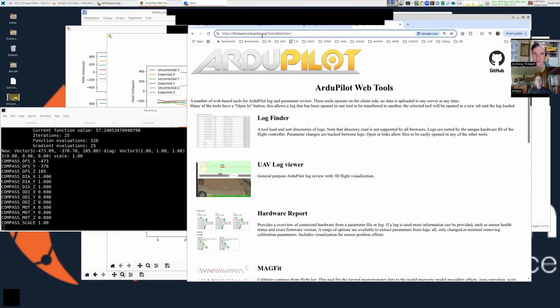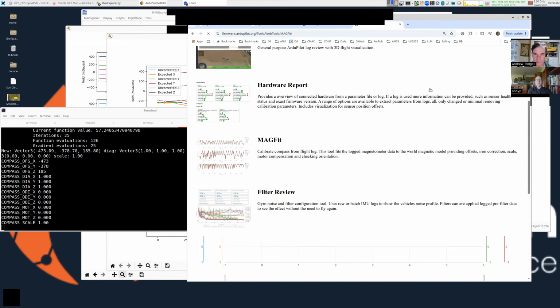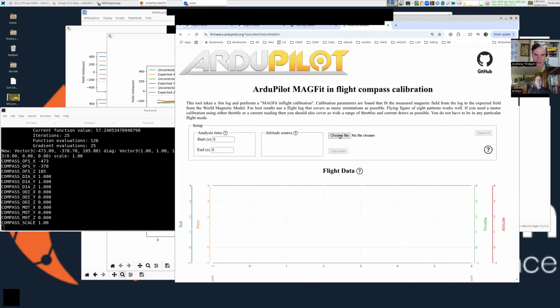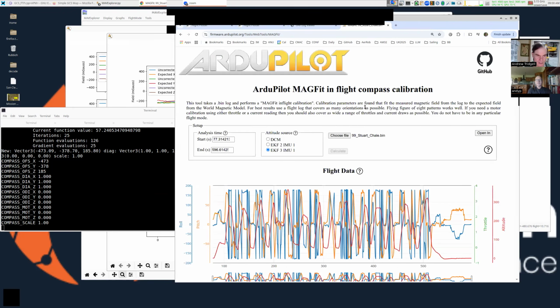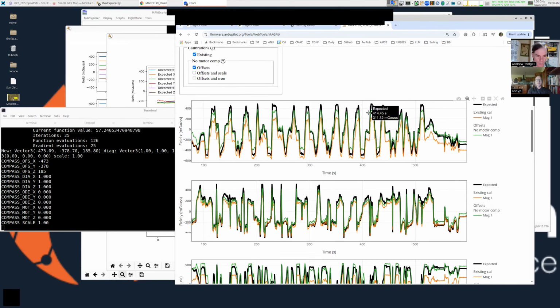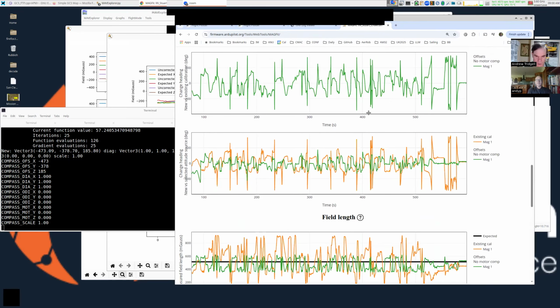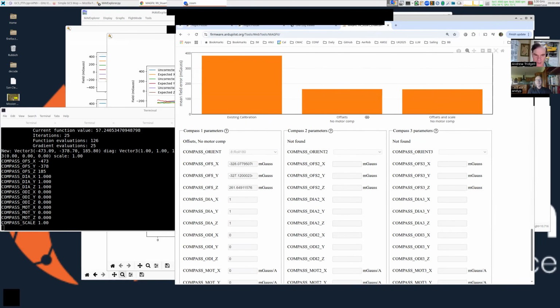It's at firmware.ardupilot.org/tools/web-tools, this one. And there is a MagFit tool here, which uses a different mathematical approach, but can produce some quite good results. It's also doing all these sorts of estimation techniques, right?